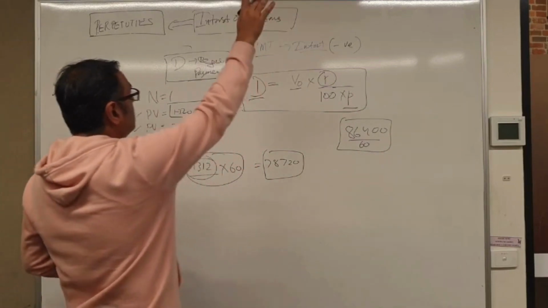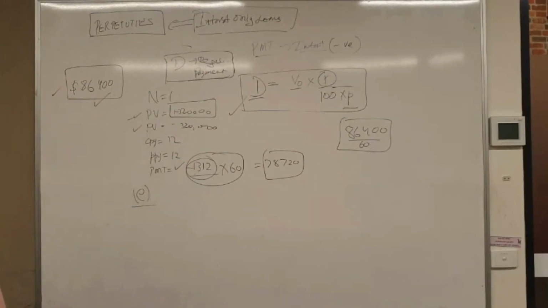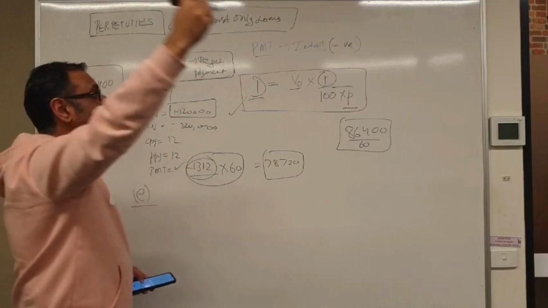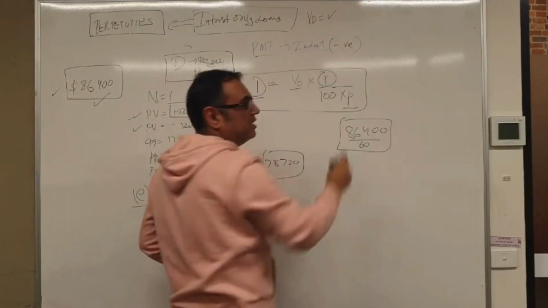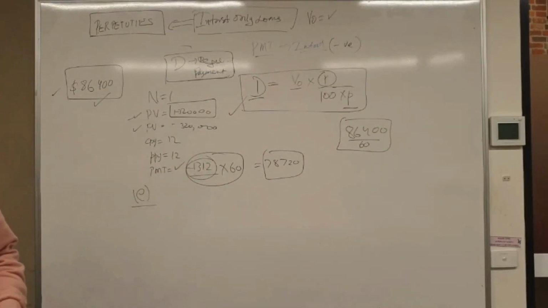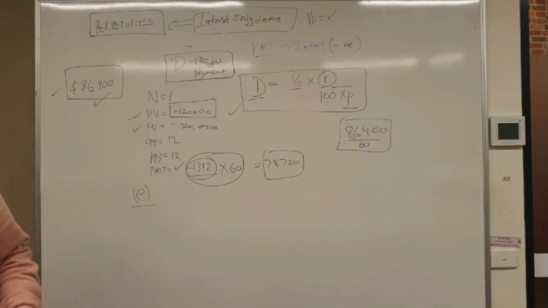Now, one more thing that I wanted to bring to your notice is interest-only loans and perpetuities, the recurrence relation. So obviously you have V0 equals whatever is your starting point. A recurrence relation has two things: the starting value and the next term formula, the n plus 1 formula.